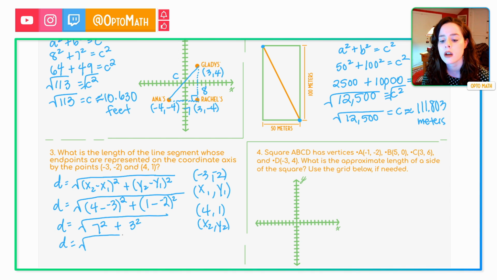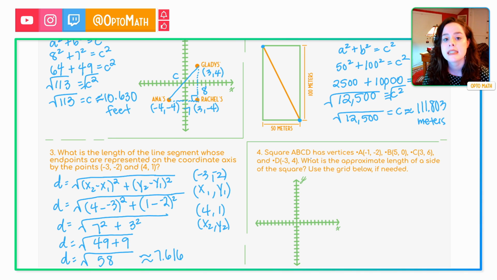D is the square root of 7 squared, which is 49, plus 3 squared, which is 9. So D is the square root of 58, which is approximately equal to 7.616.